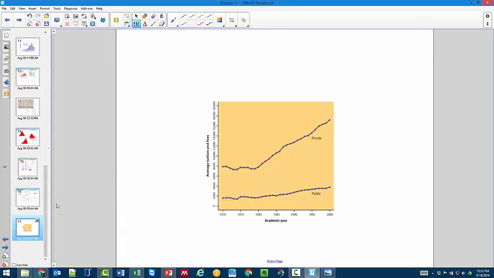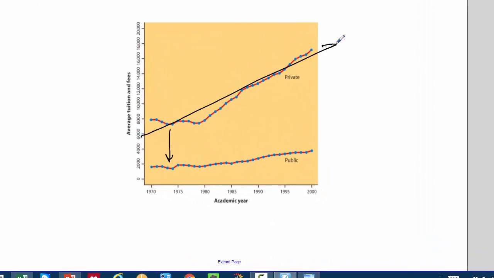Here's another example of something with a little bit more variation from year to year. There's ups and downs, but overall we can kind of see a trend. This is average tuition fees, so private institutions and public institutions. You can even see some areas where both of them dropped, and you can see that overall the trend is that it's rising.